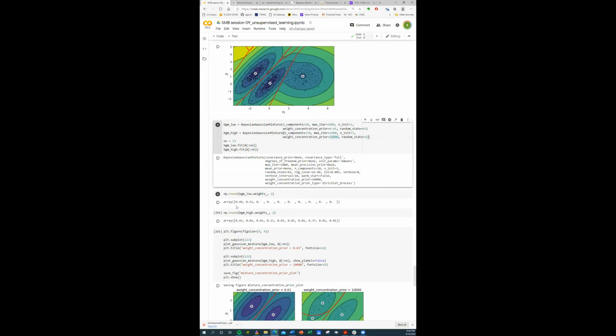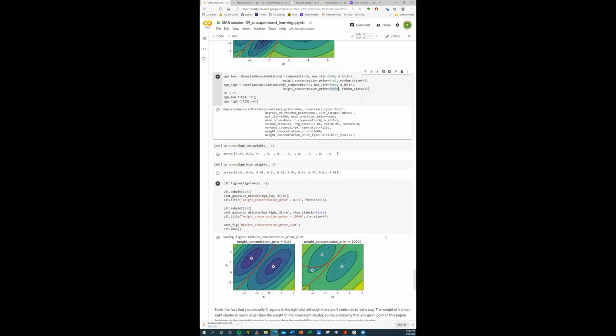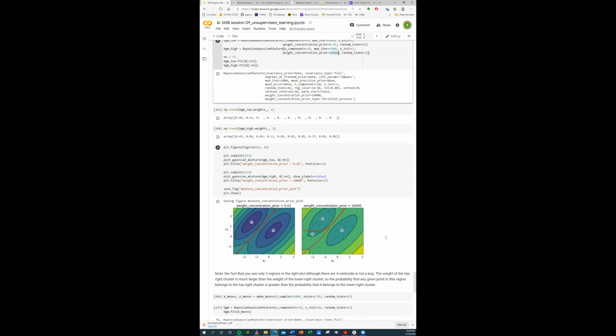Here are the weights for the low and weights for the high. And we plot them out. With the low weight, there are two well-defined clusters here. With the high weight, you get 3 clusters, and they're less well-defined and less well-behaved.